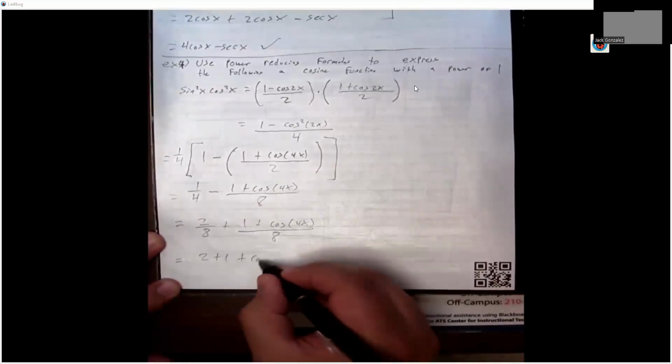That will give us 2 plus 1 plus cosine 4x. I showed extra steps so you can see. Final answer will be this.